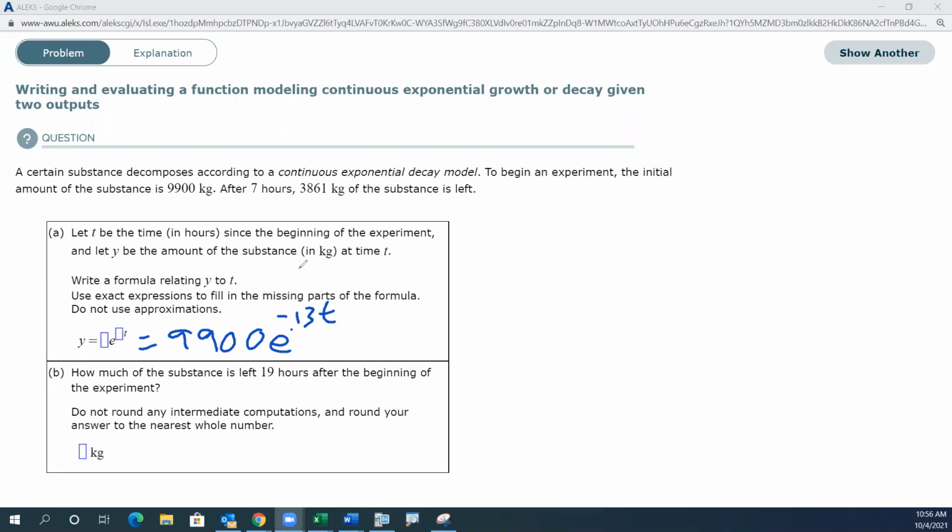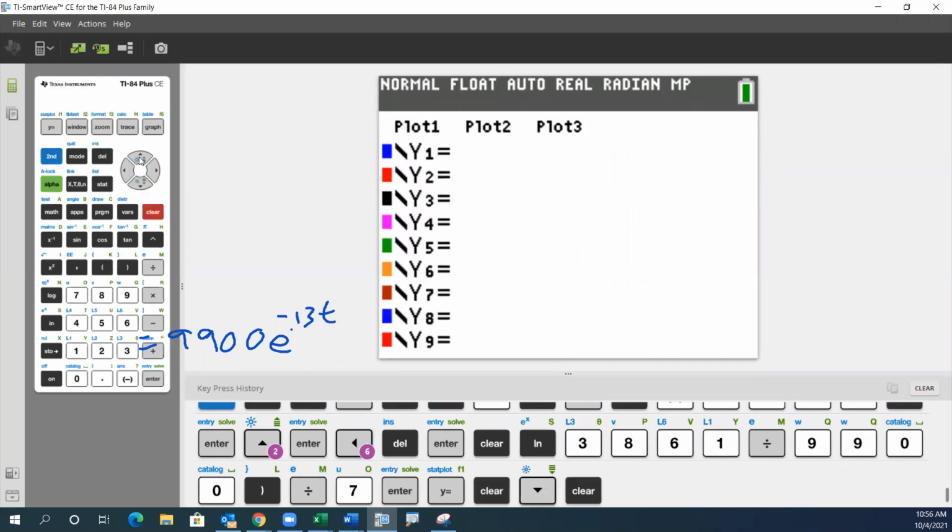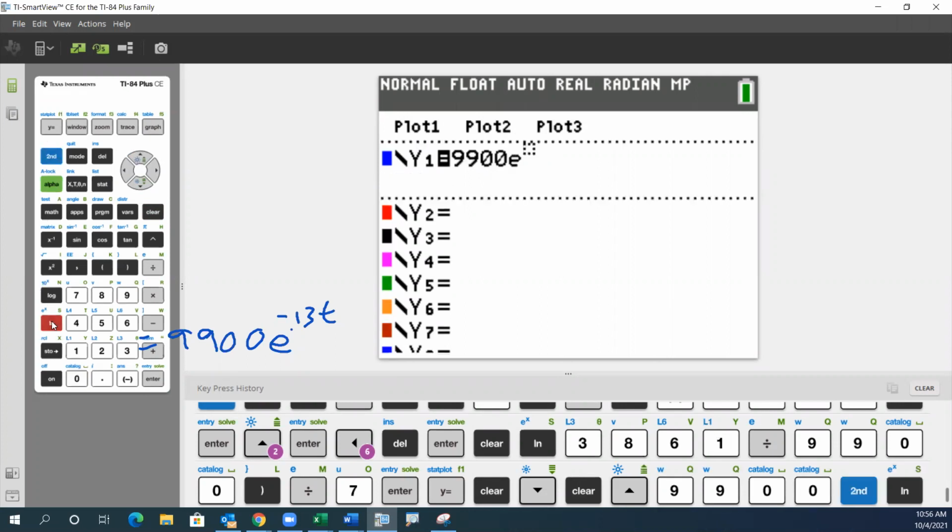Okay, so how much of the substance is left 19 hours after the beginning of the experiment? I'm going to get a little cute here on the calculator, because I want to type in the function. Okay, and then second ln.